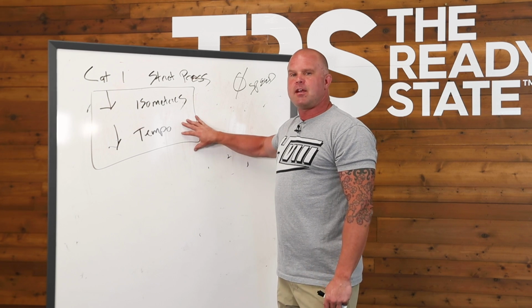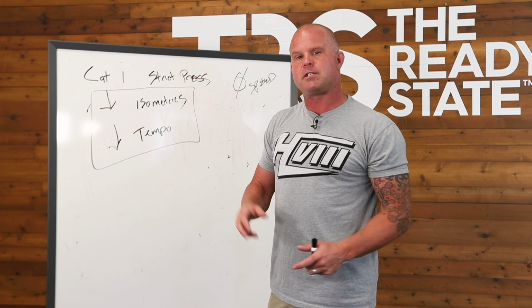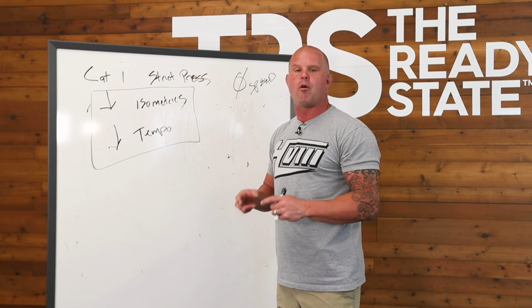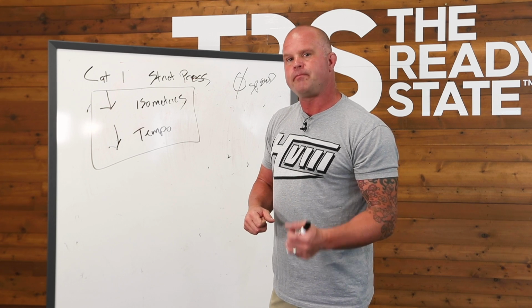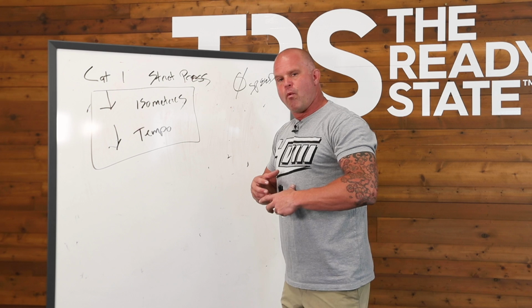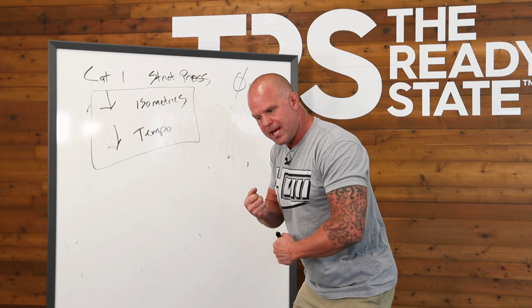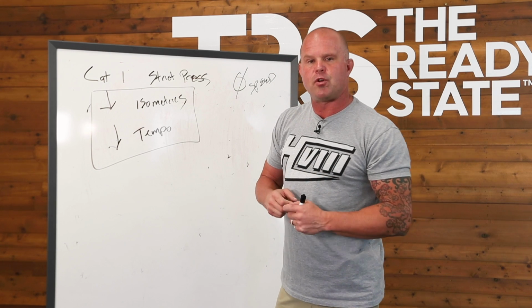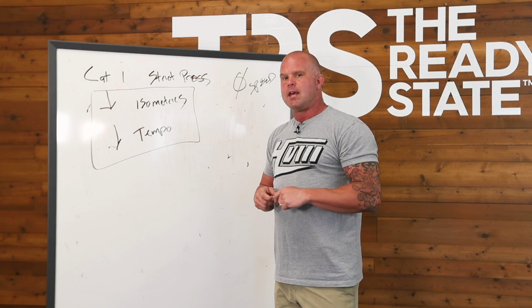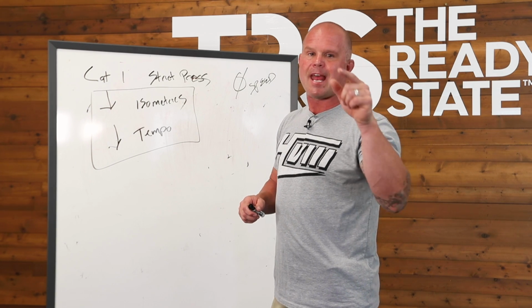So the idea here in our category 1, category 2, category 3 is to think about the complexity of your programming, and when someone has a painful range or something that's not working, slow them down, make them control the ranges that are pain-free, make sure that they have well-connected systems that they can demonstrate positional competency and integrity even when they're going very slow. It doesn't always have to be heavy to be hard. Category systems help you untangle that nasty, nasty pain.